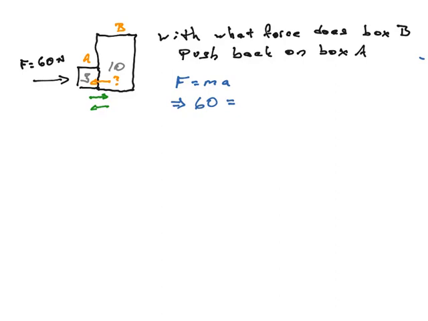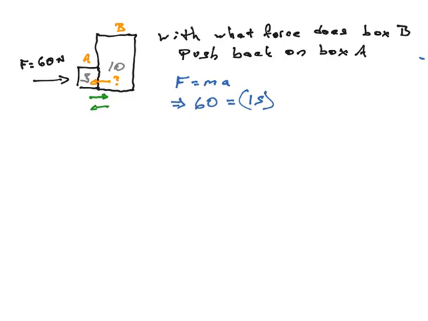Well, remember, if you're closing your eyes, you can't tell that this is actually two different boxes up against each other. You think it's one big box. You can't see the fact that it's really two different things. So to you, as you try to push this thing, you feel that you're pushing a big box whose total mass is 15: the 5 plus the 10 added together.